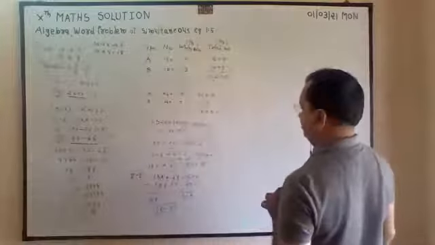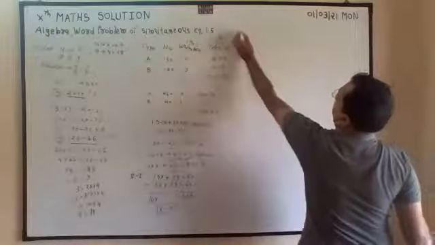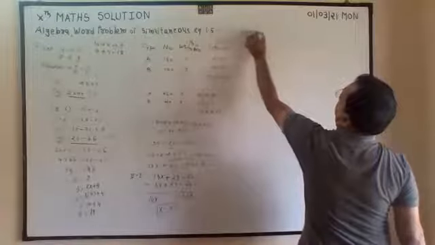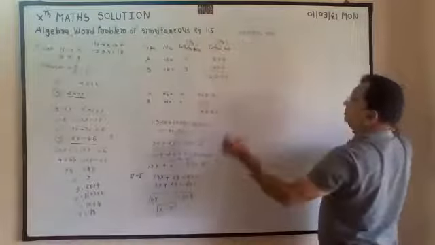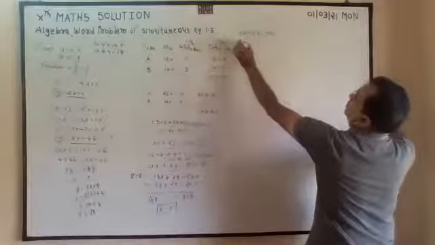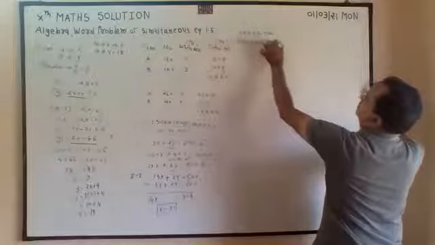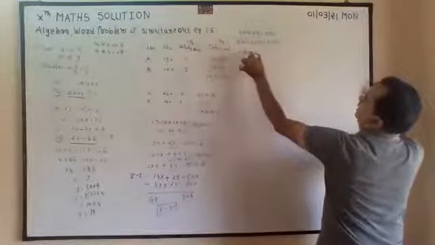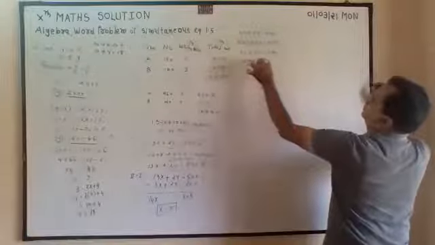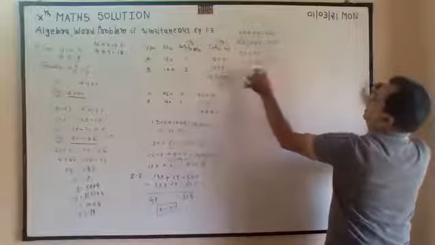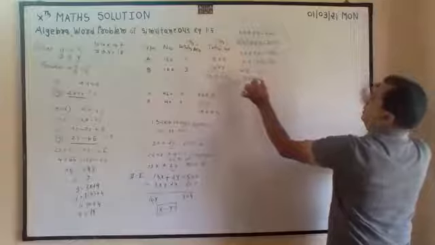In a simple equation, for example this, we will substitute 3x plus 2y is equal to 200. 90 plus 2y is 200. 200 minus 90, divide by 2.